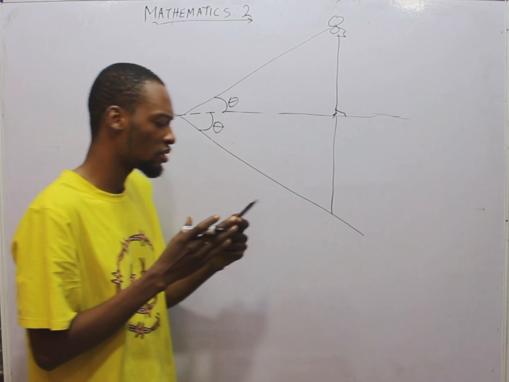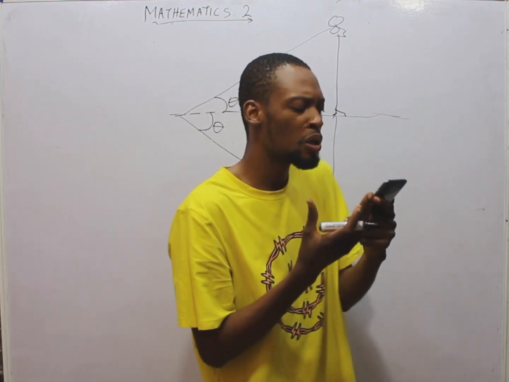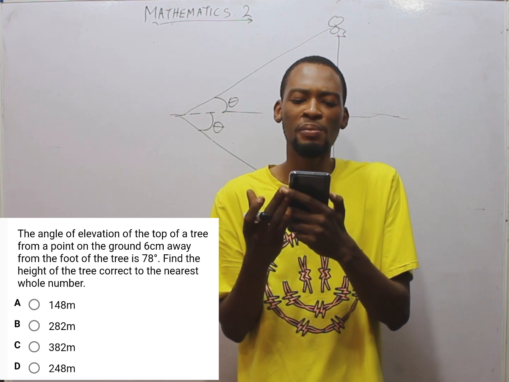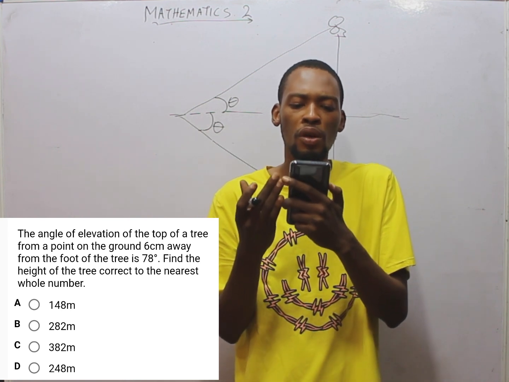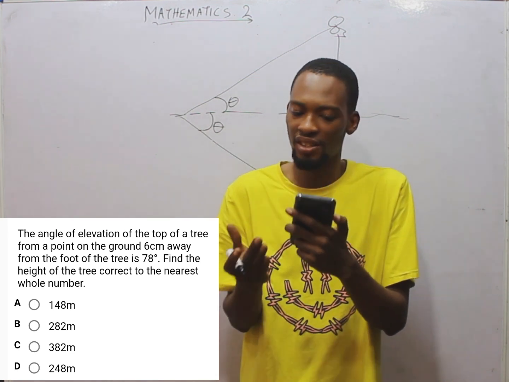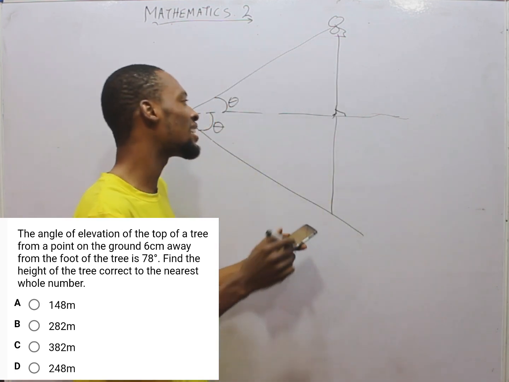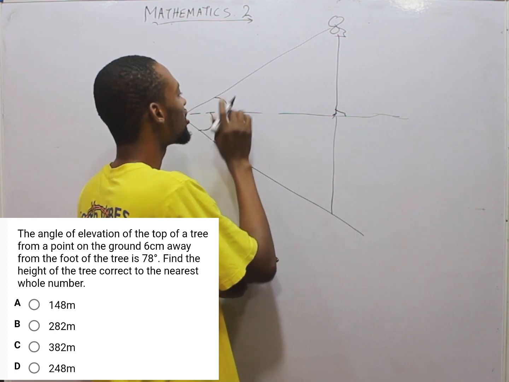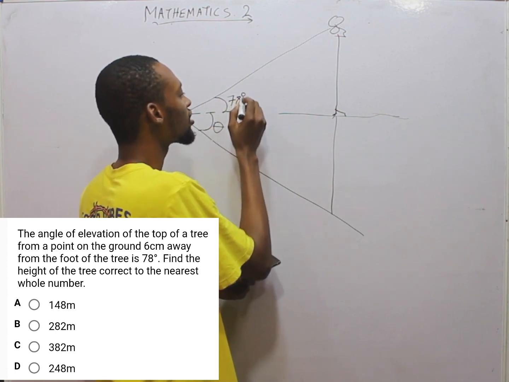Look at this question. The angle of elevation of the top of a tree from a point on the ground 6 centimeters away from the foot of the tree is 78 degrees. Now, what they are trying to say is that the angle of elevation is 78 degrees. So here is 78 degrees.